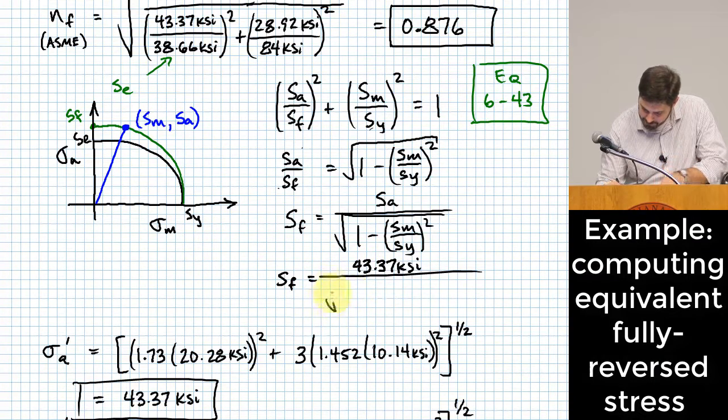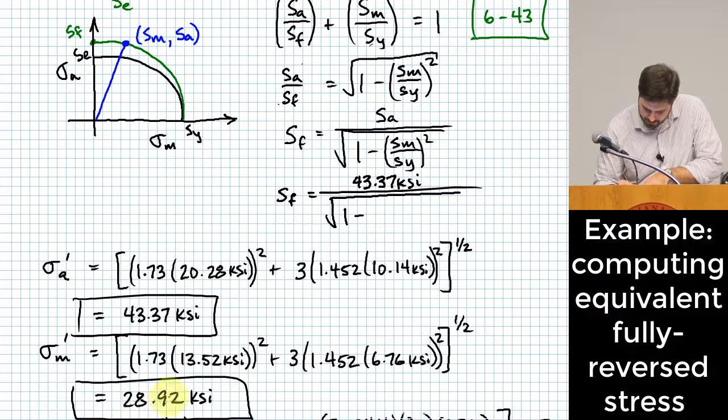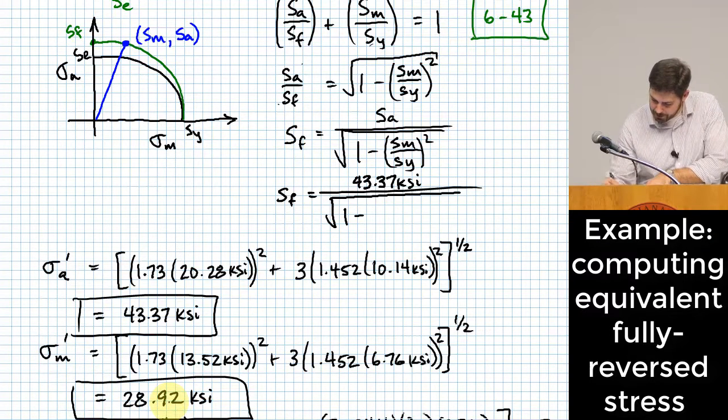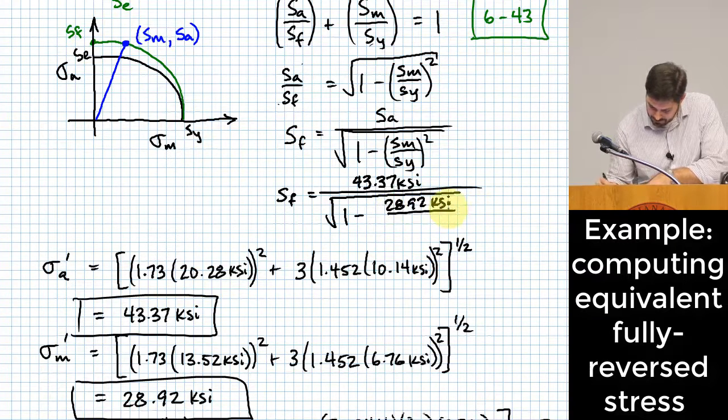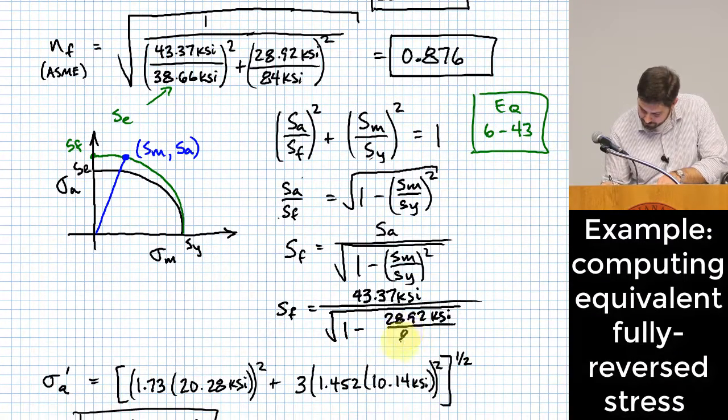We'll divide this by the square root of 1 minus SM, which we're plugging in sigma prime M for that, 28.92 KSI over SY, and SY, I believe, was 84 KSI.